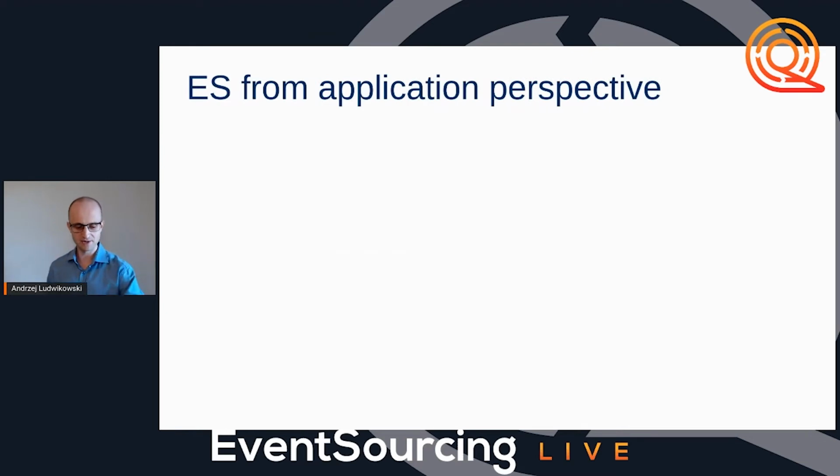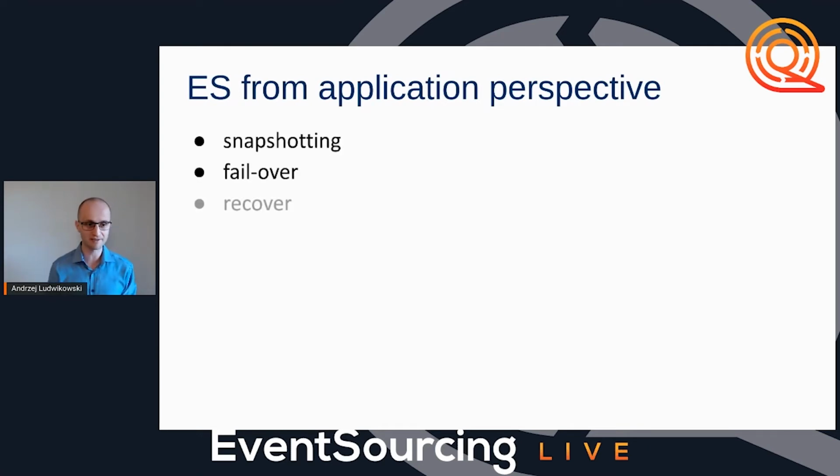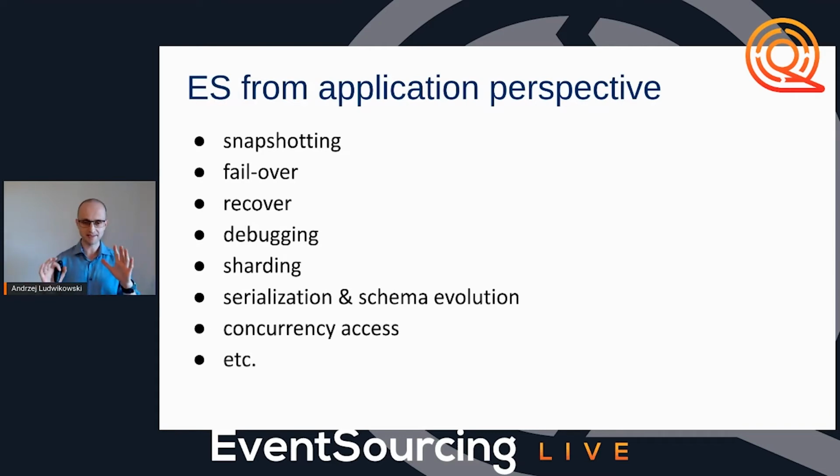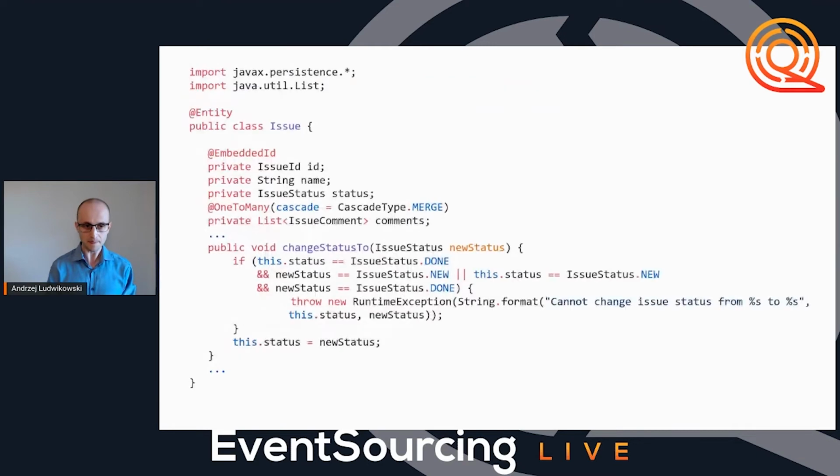But your application will be production ready when you also deliver a few more, but required, features like snapshotting, failover, recovery, debugging, sharding, serialization and schema evolution, huge topic, concurrent access, etc. And trust me, implementing this from scratch by yourself is a recipe for failure. So for that, I would recommend using some existing solutions created and tested by many programmers.